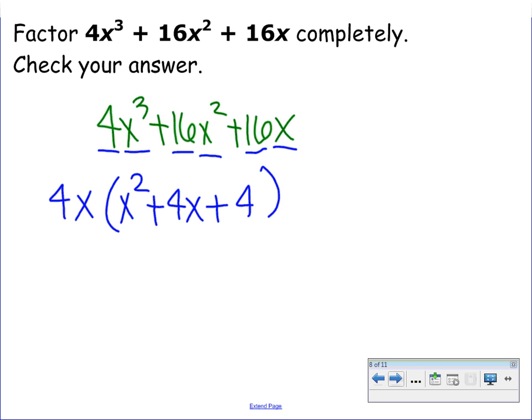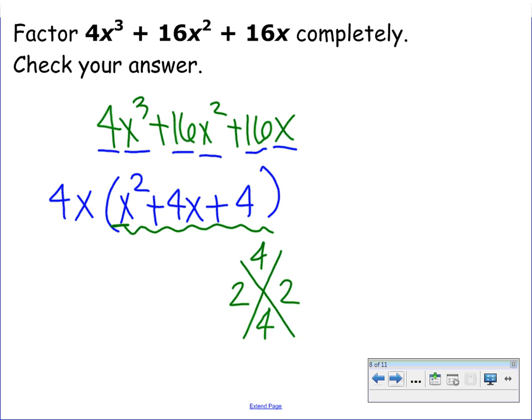Okay, now I want to take a look at what was left in my parentheses here. X squared plus 4x plus 4. And I want to see, can that be factored anymore? Okay, so let's see. If I make my x here, I know I need 4 here, 4 here. What times what multiplies to give me 4 but adds to give me 4? 2 and 2. I don't need to make a table because this number right here is a 1.